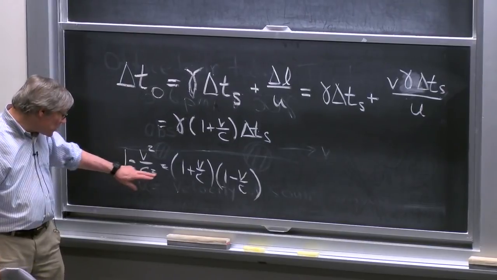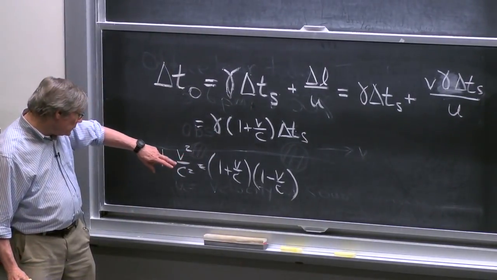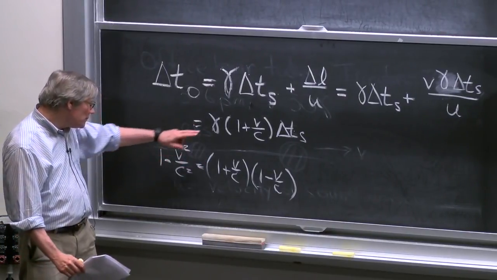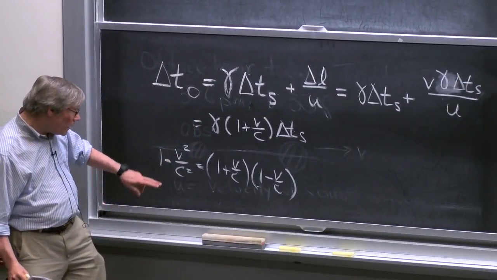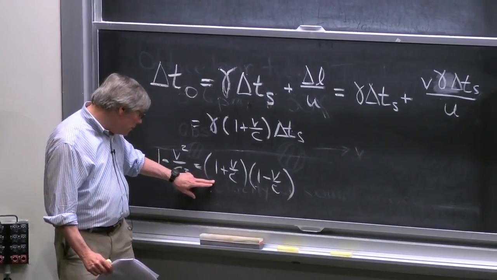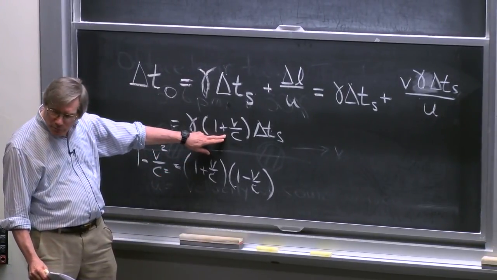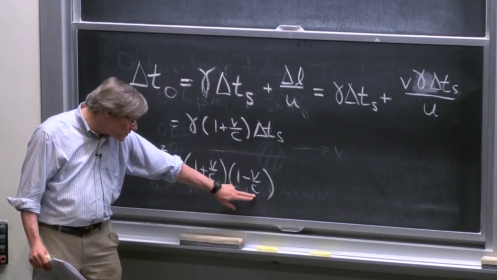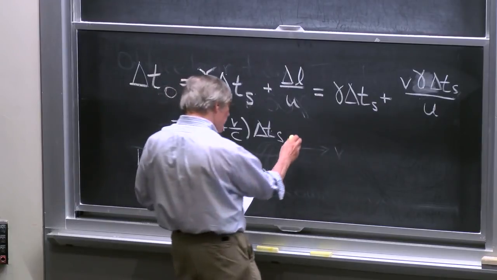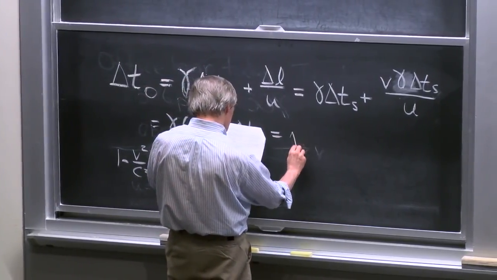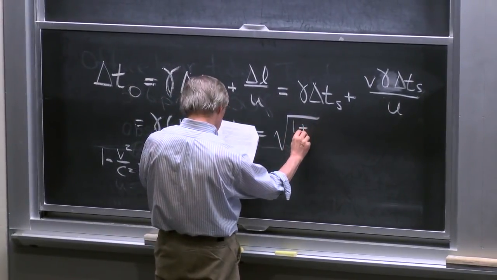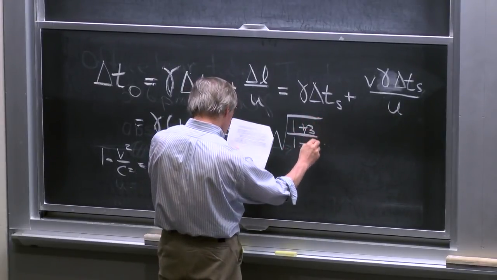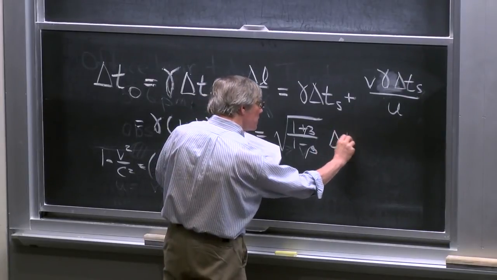So when we have the square root of that appearing here in the denominator, since gamma is 1 over the square root of this, the square root of 1 plus v over c appears in the answer, and this remains in the denominator. And what we get simplifies to simply the square root of 1 plus beta over 1 minus beta, times delta t sub s.